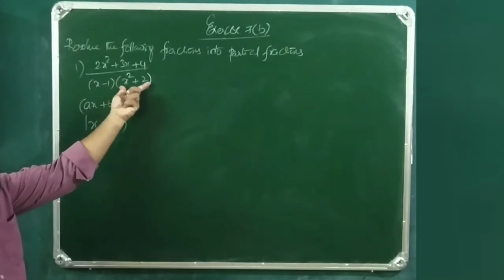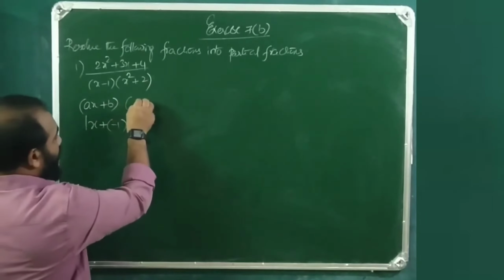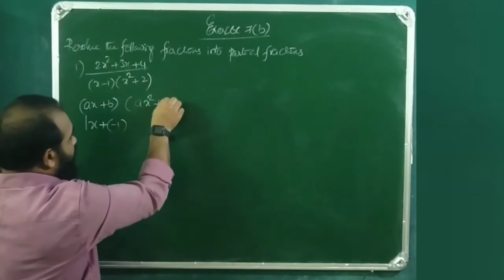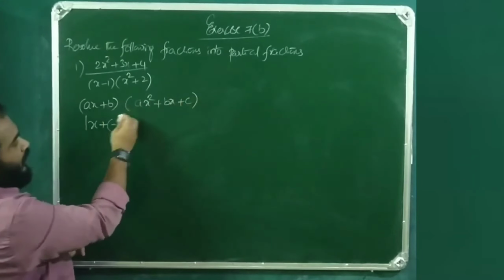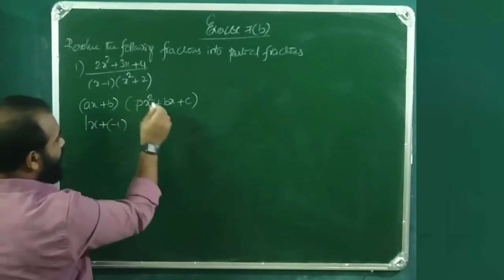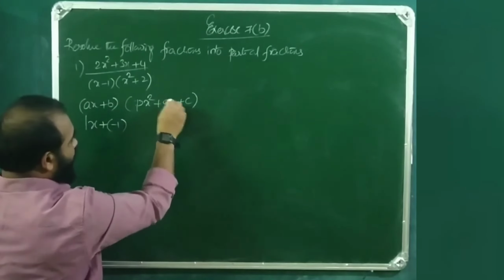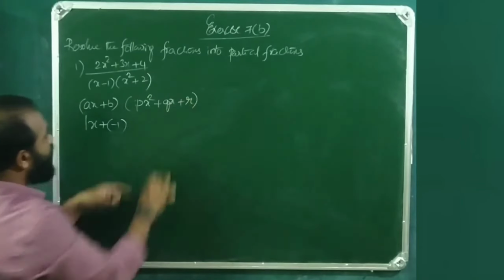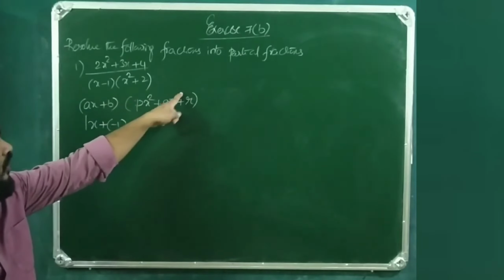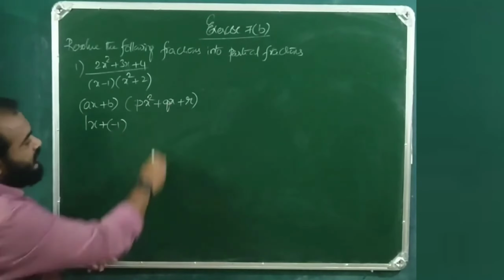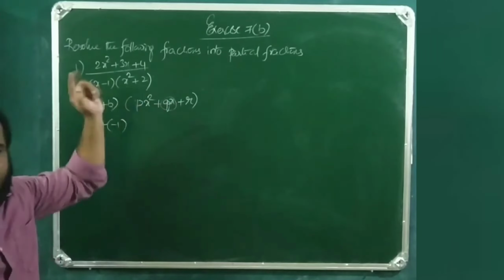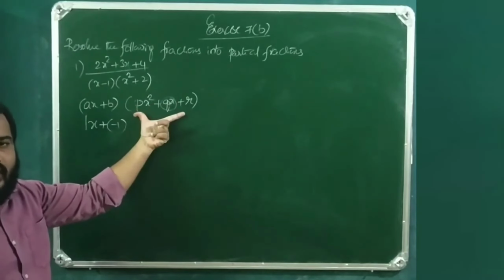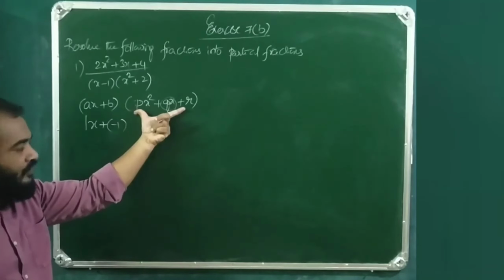And what is x square plus 2? This is of the form ax square plus bx plus c. Since a, b are used, I'll take px square plus qx plus r, where the coefficient of x is absent. It is said to be a quadratic factor only.